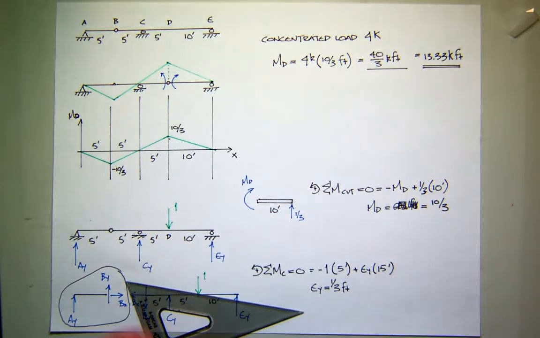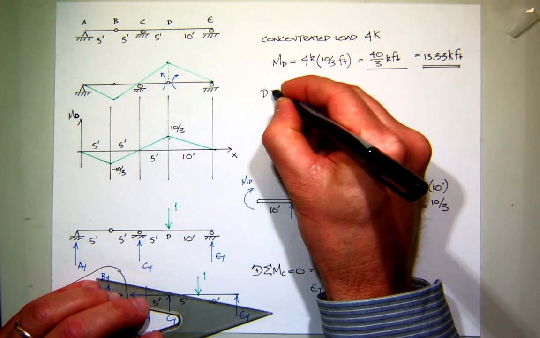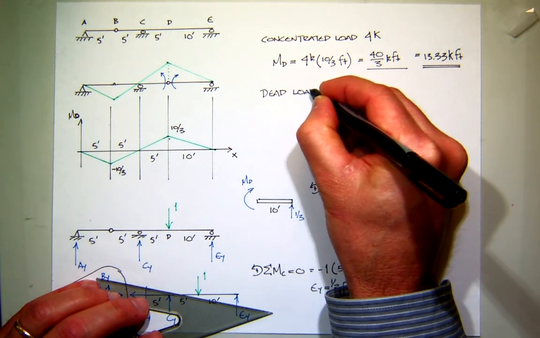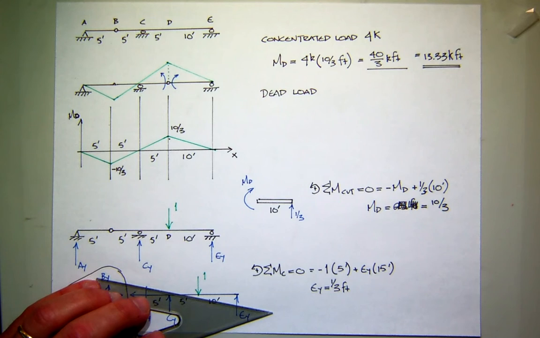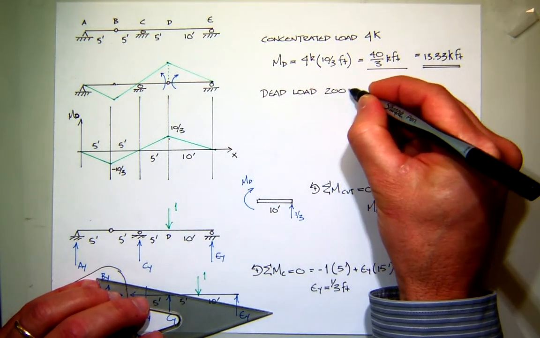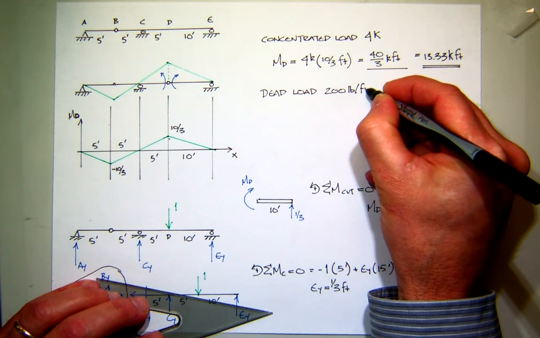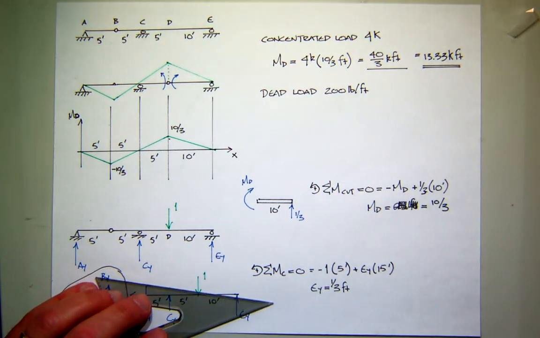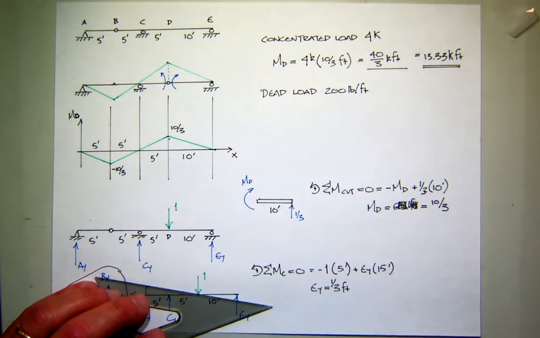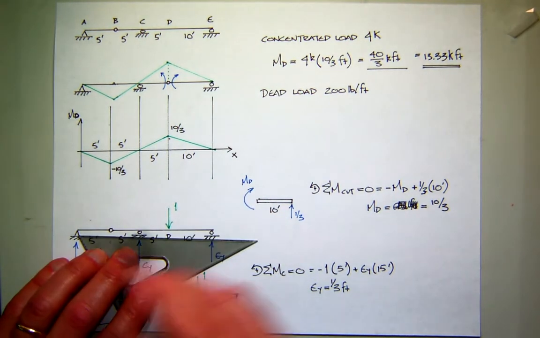Now, it also says there is a dead load of 200 pounds per foot. Now to do dead load, what do we do? We take the total area under the curve. There are some negative sections and some positive sections, so I'm going to do them all.